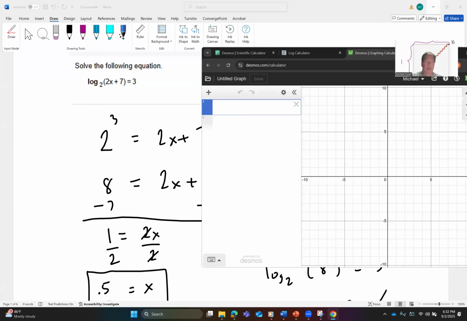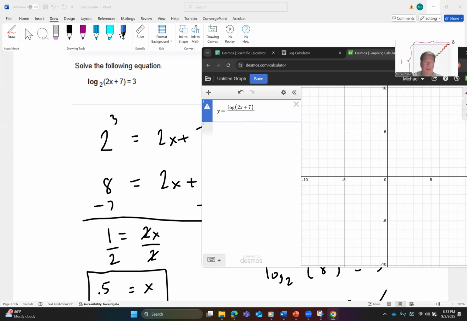Now what we're going to do is put in the left-hand side and also the right-hand side. For the left-hand side, we'll put in y equals log to the base 2 of (2x + 7), but I'm going to put it in as log of (2x + 7) divided by the log of 2.